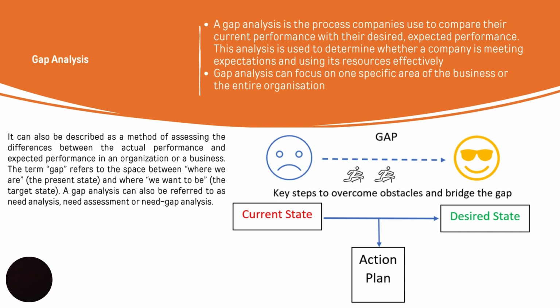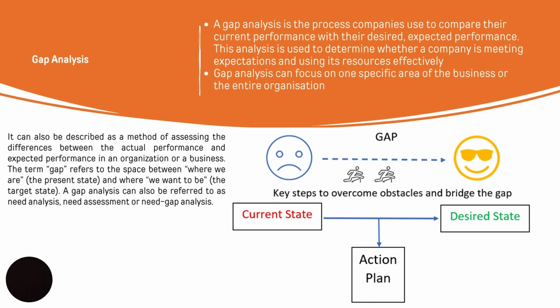In the diagram you see on your screen, you can see the initial state, an unsatisfactory state, and the desired state is a happy state. Now, the gap in between is what you mean by gap analysis, the steps you need to take in order to move from the current state to the desired state. And the steps you need to take is what is put together in what we call an action plan.